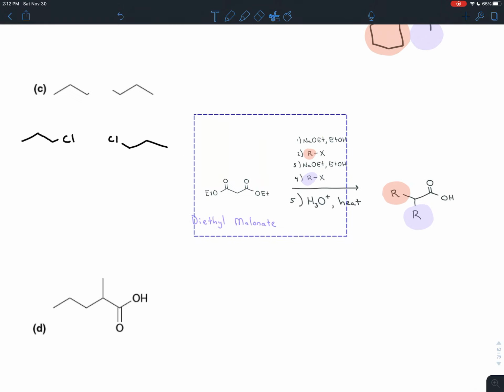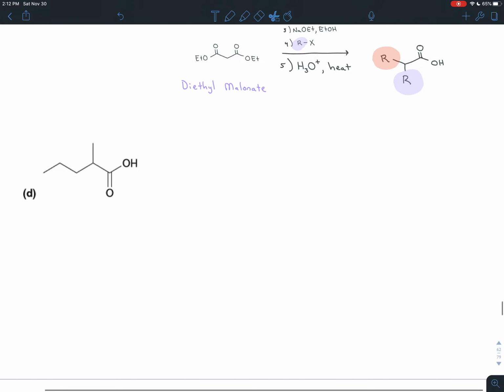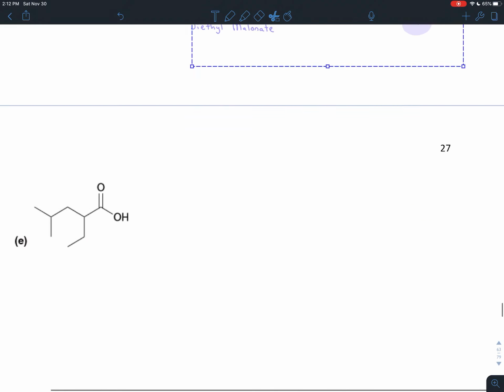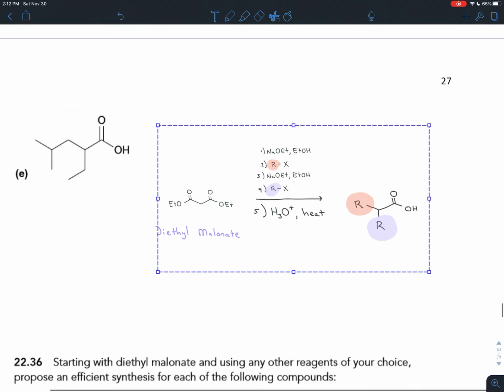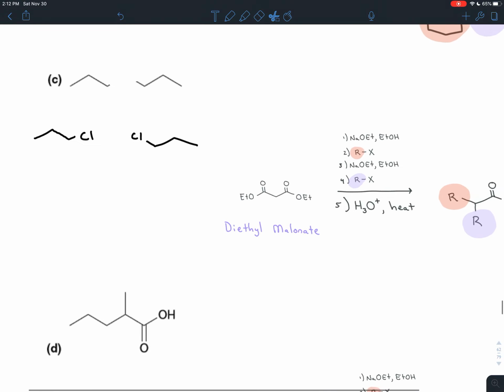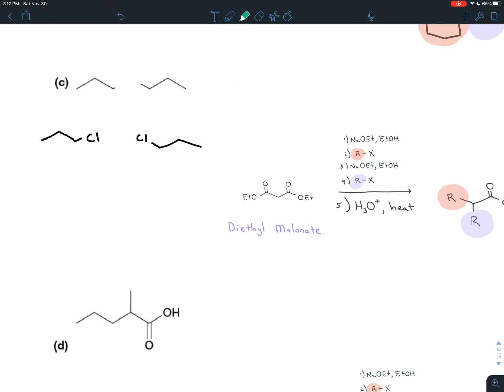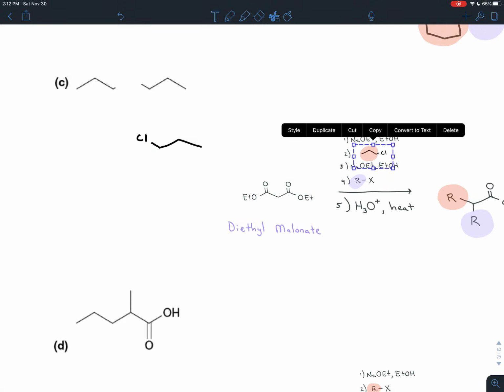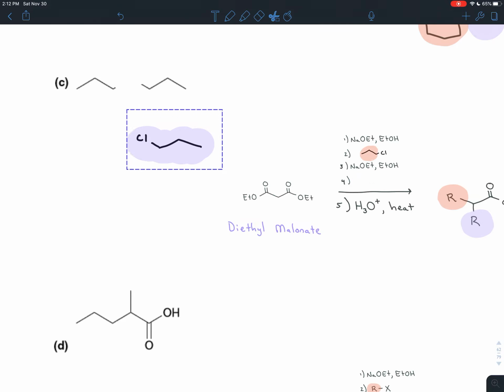And then we just have to fit that into our recipe. Let me just include those there. Okay, awesome. So now we just have to fit those into our recipe. So this first carbon chain, that alkyl halide, can be the one that we add in step 2. And the second carbon chain can be the one that we add in step 4, that alkyl halide there.